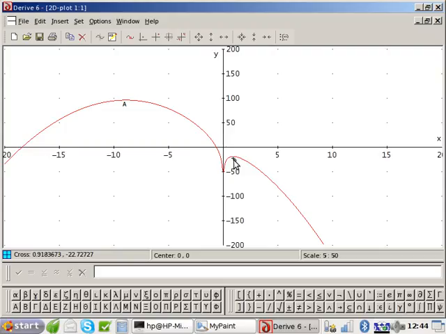Okay. So let me tell you which ones to try here. Cubic.